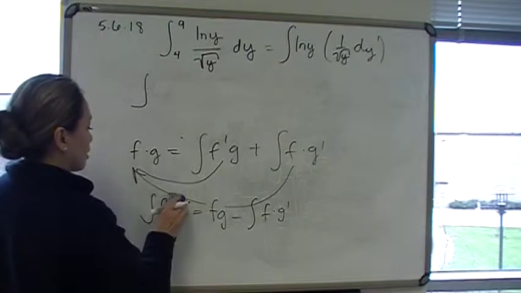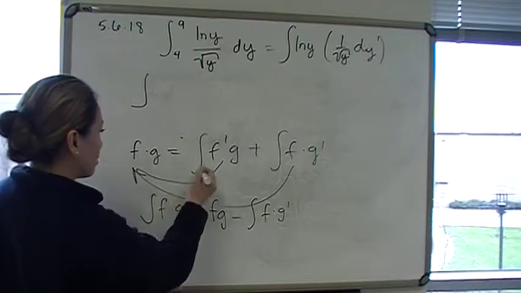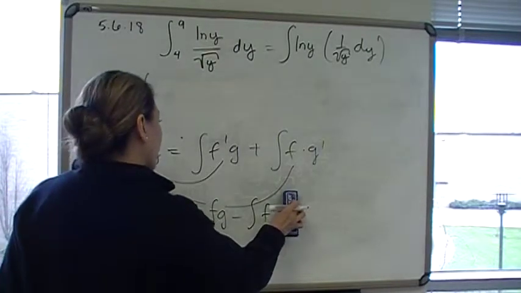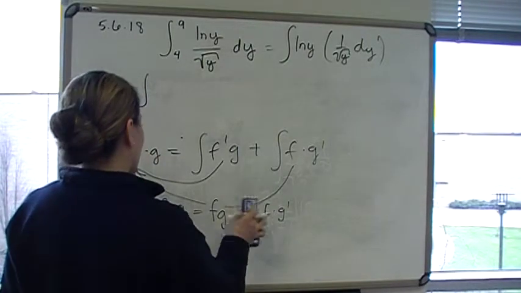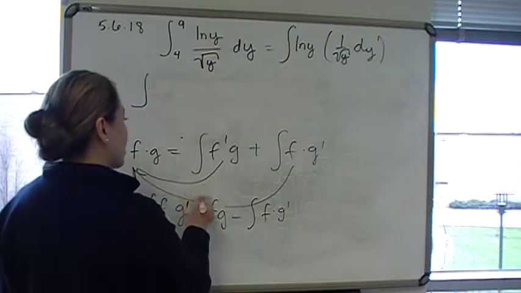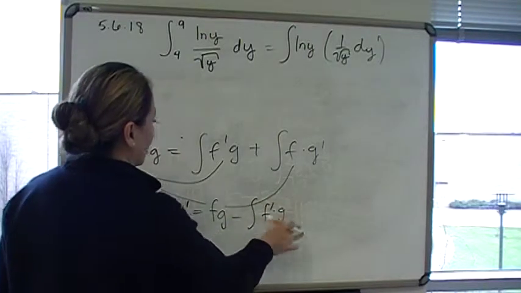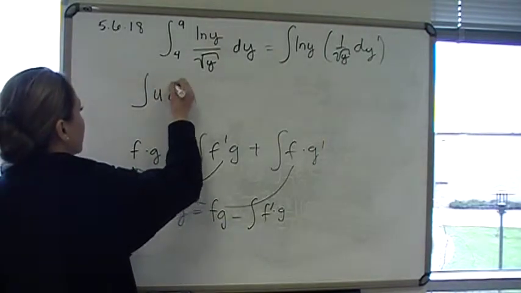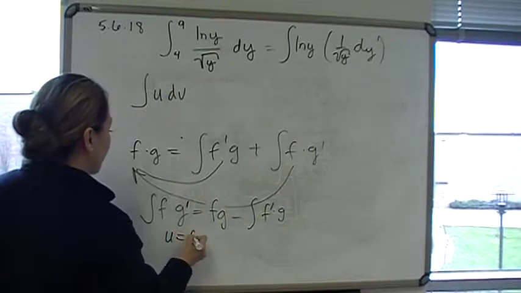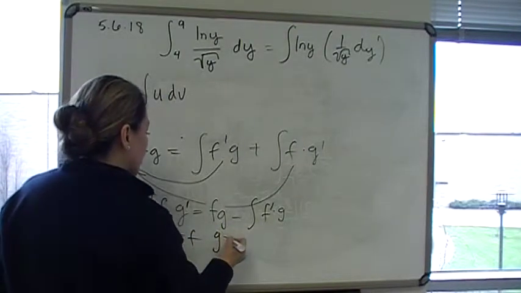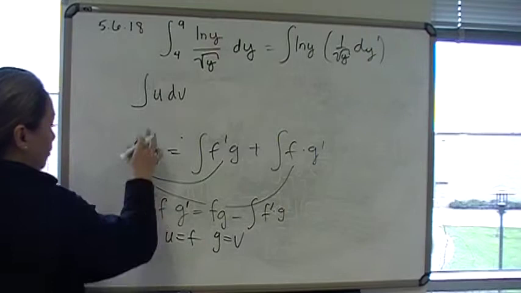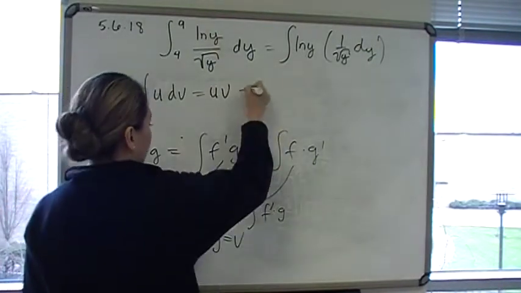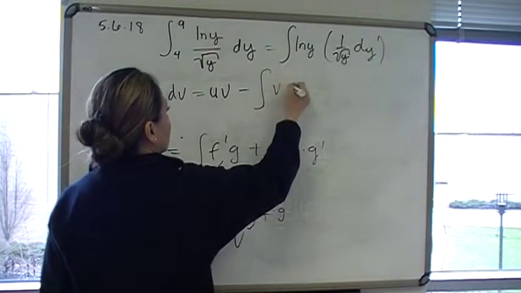So that says that the integral of u dv, if I let u equal f and g is equal to v, is equal to u times v minus the integral of v du.